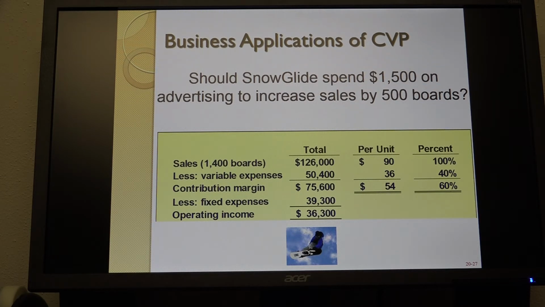All right, so notice the per unit column doesn't change. The percent column doesn't change. So they're making some assumptions here. That's a big part of this, is that you have to make certain assumptions that you can still sell 1,400 boards at $90 per unit.